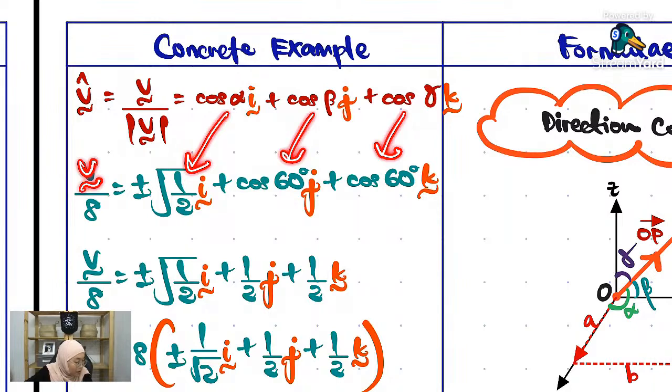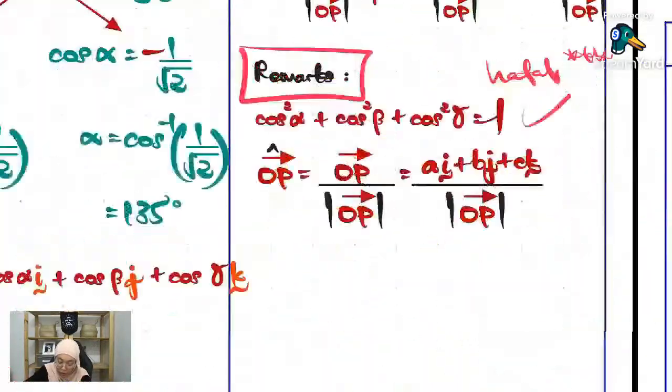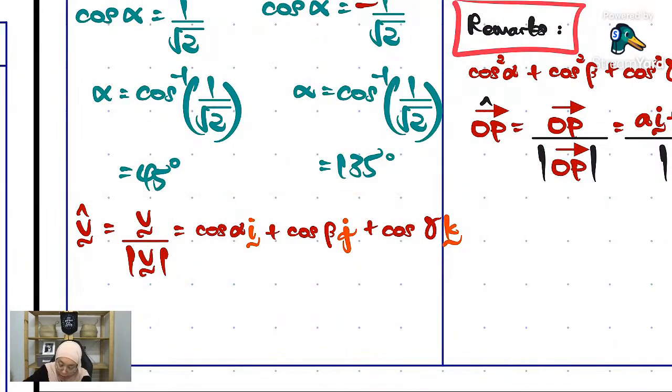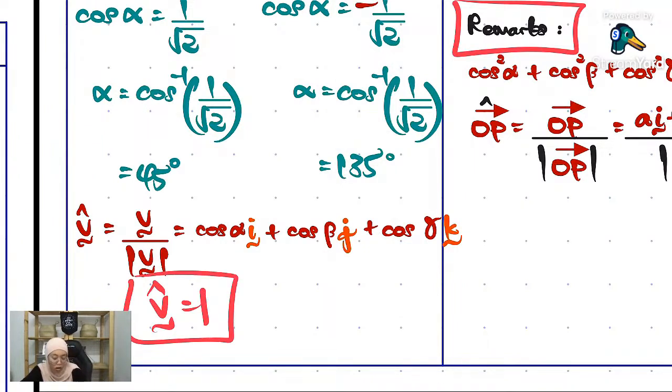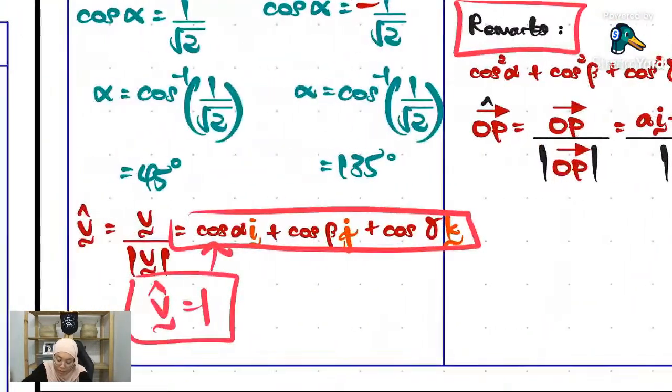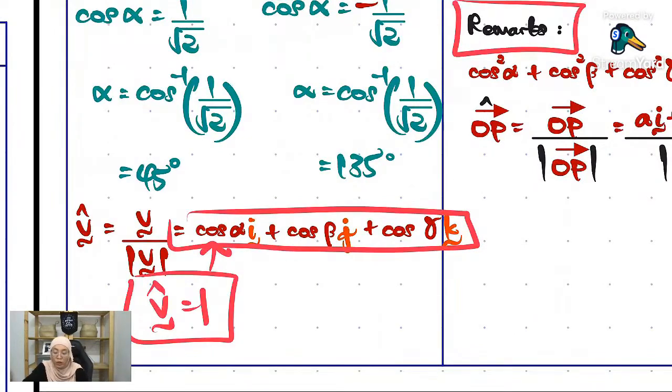In this case, the unit vector is actually 1. If you notice carefully, when I write it this way, it means this formula is originally equal to 1. So our unit vector is equal to 1 unit, and therefore we can compare it with this formula.